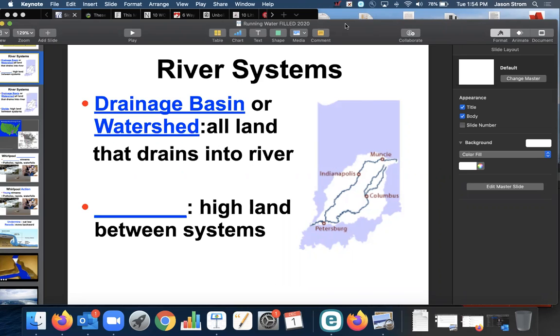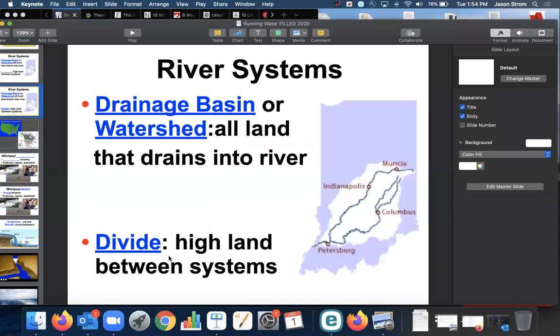The reason that happens, why they're separated, is because of divides, which is just a high point in the land where, if water's on one side, it stays on that side. If water's on another side, it stays on that side. It doesn't go from one to the other.